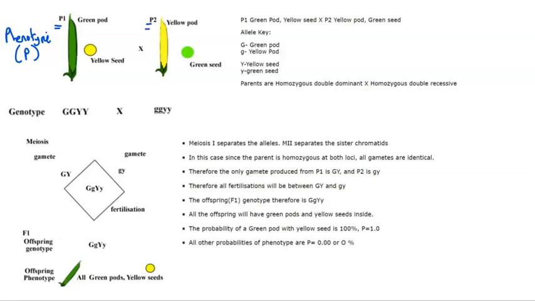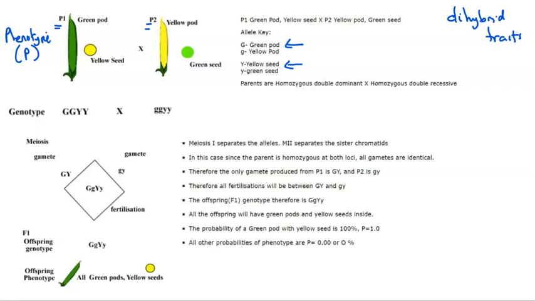Now you can see that there's two characteristics, two traits, because this is a dihybrid. So remember that dihybrid involves two characteristics or two traits, and the traits to be dealt with are the color of the pod and the color of the seed.